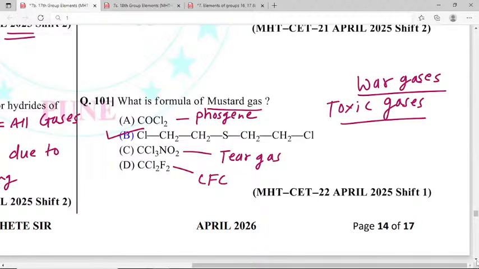Tear gas, phosgene, mustard gas. Mustard gas contains 1 sulfur atom, 2 chlorine atoms, 4 carbon atoms, and 8 hydrogen atoms.